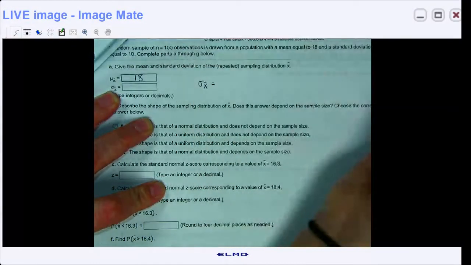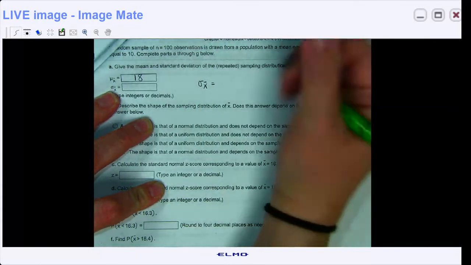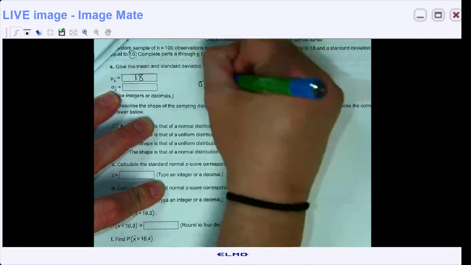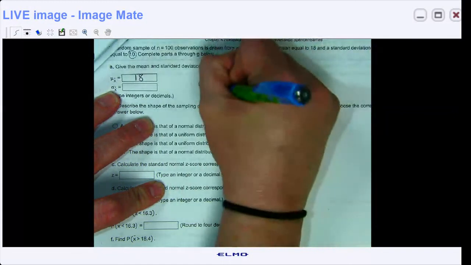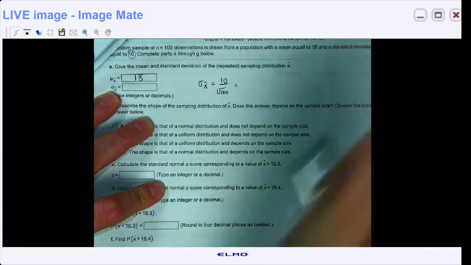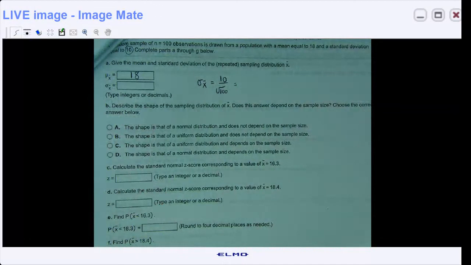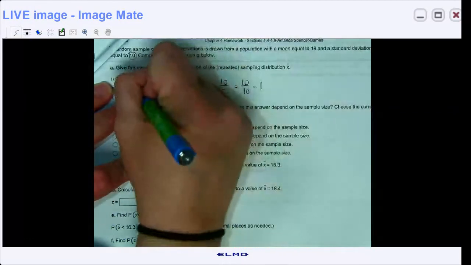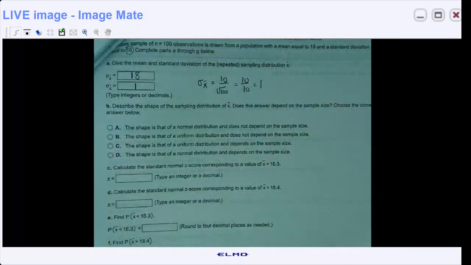So we're going to take that formula for sampling distribution standard deviation, and we're going to say, okay, it's going to be the given standard deviation, which was 10, divided by the square root of our sample size. So in this case, 10 divided by 10, and that becomes a 1. And then all of these questions go straight into StatCrunch, into the normal calculator, once you've got that mean and that new standard deviation.